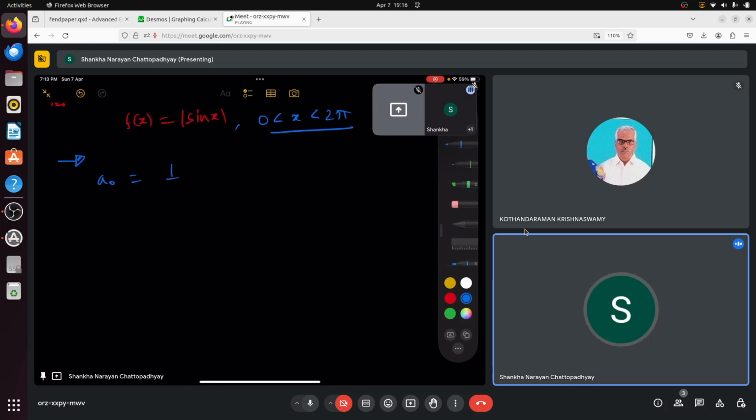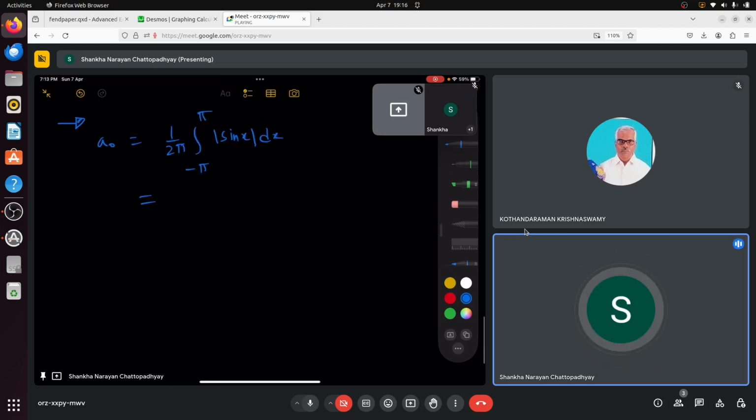What is a0? 1 by 2 pi integration minus pi to pi mod sin x into dx. How to determine this?